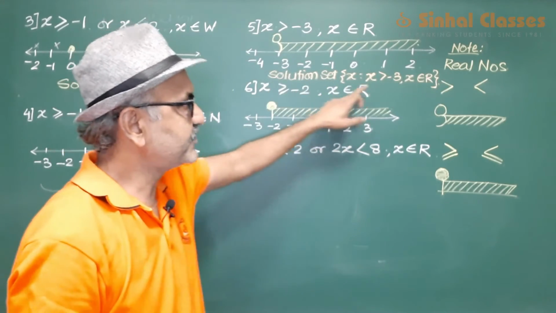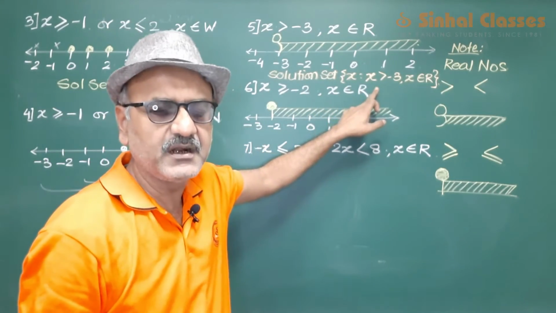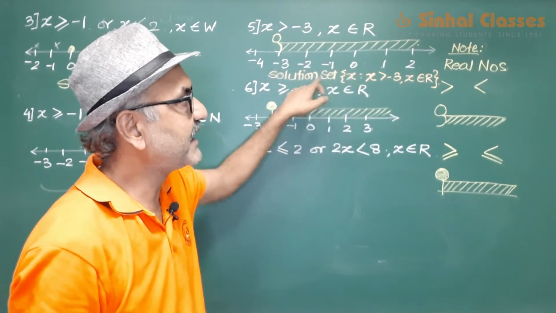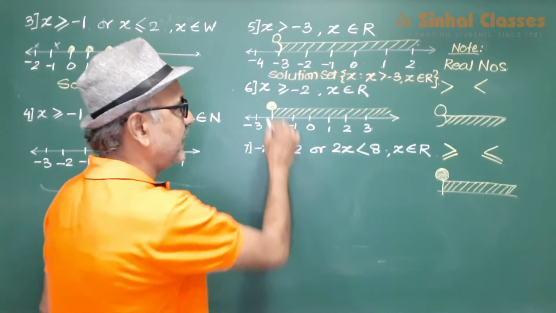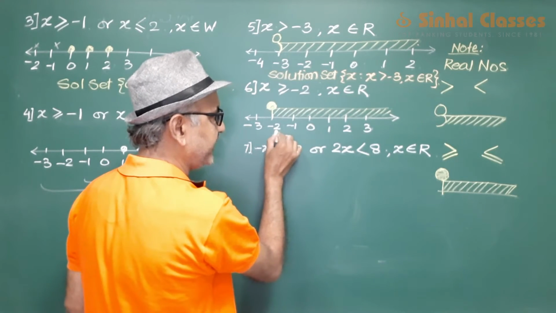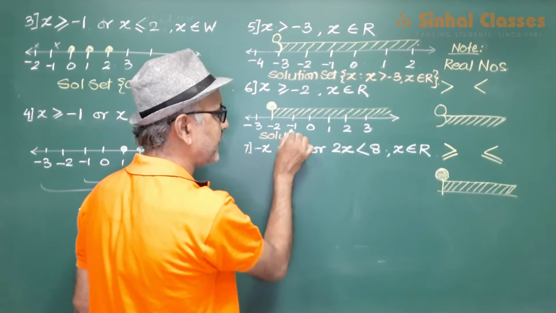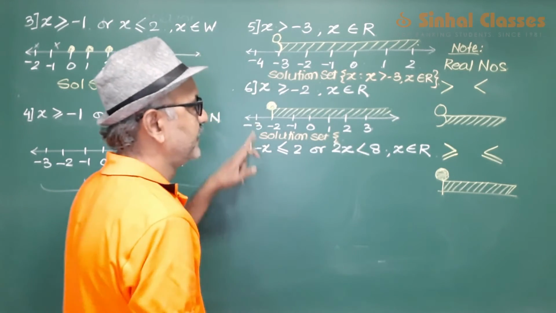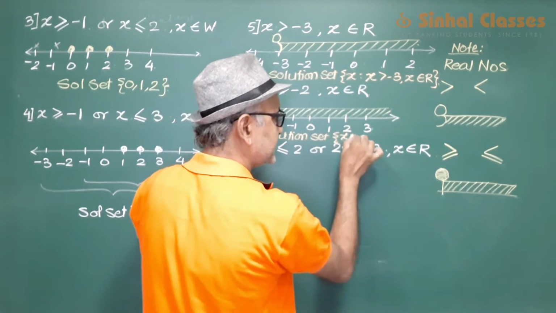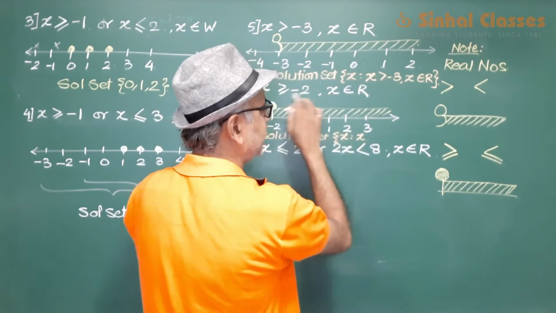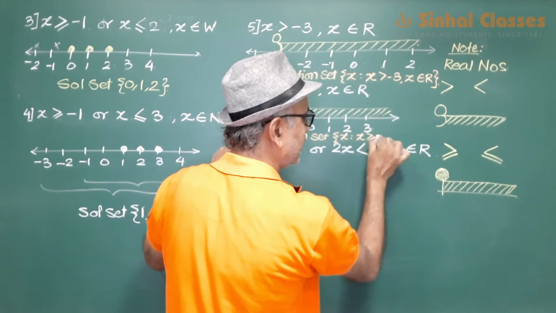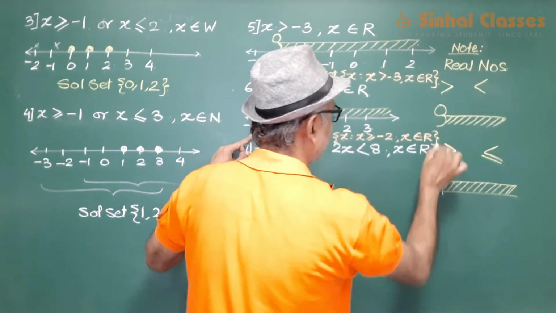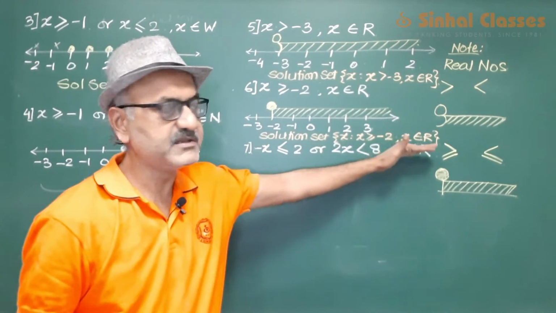So writing the solution set here is actually not a difficulty, because you simply copy the question, whatever is given to you, and write it in the form of a set builder form. Here the solution set should be x such that x greater than or equal to -2 and x belongs to real numbers. So this is your solution set.